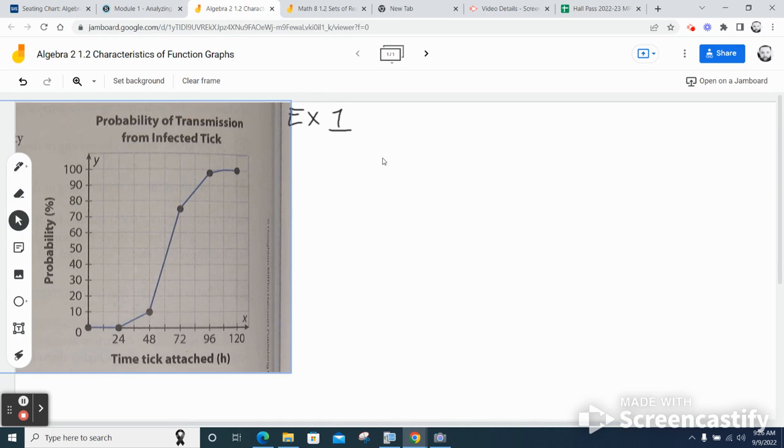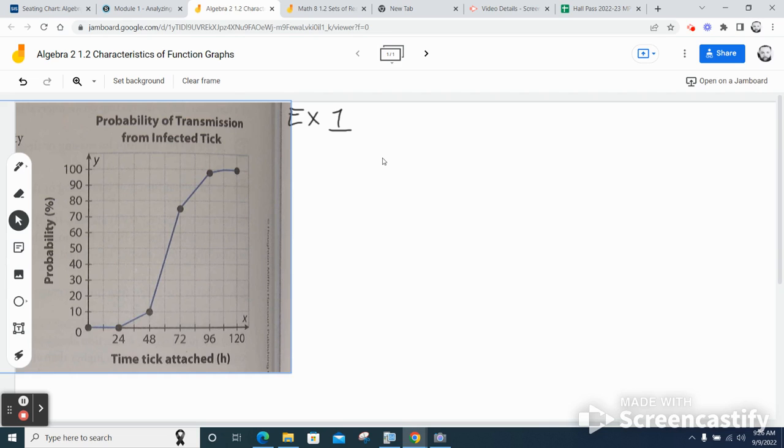The probability as a percentage of a human getting infected increases over time. So the probability will be our y-axis because that's the dependent variable. And like I said, I can't think of a situation where time wasn't the x-axis.